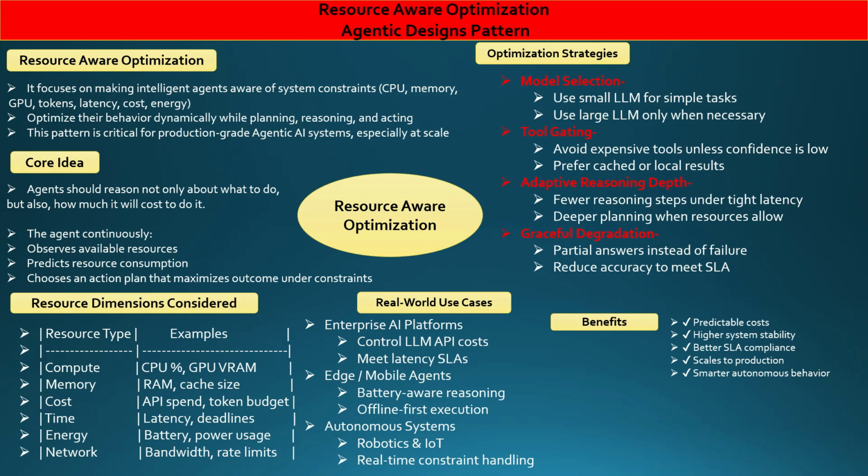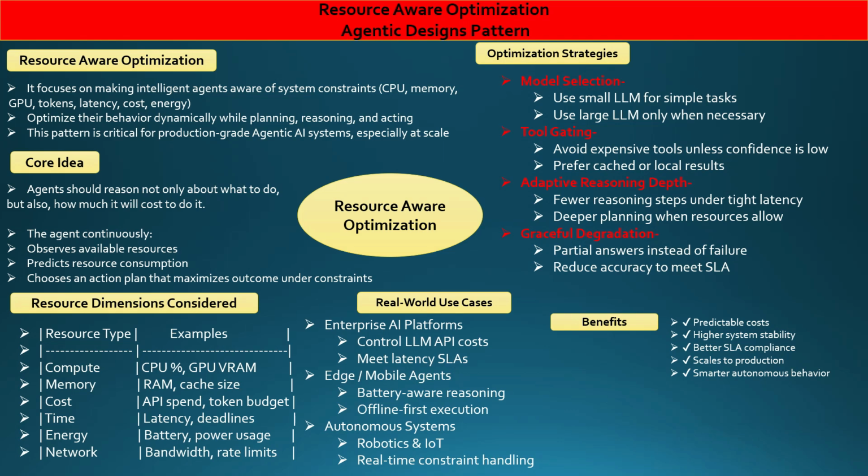So in the big picture, it ensures that the agents are cost-conscious, stable, SLA-compliant, scalable and truly autonomous. These benefits make resource-aware optimization a must-have pattern for any production-grade agentic AI system.